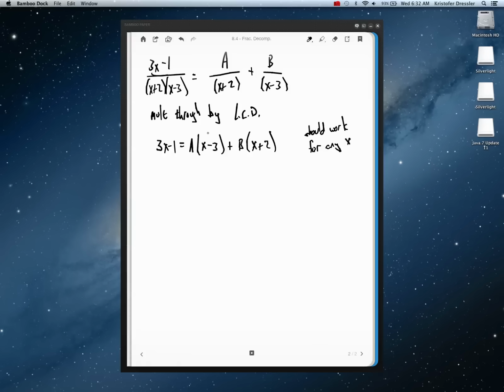Okay, so I'm going to distribute this a little bit, so I'm going to rewrite this as 3x minus 1 equals ax minus 3a plus bx plus 2b. And I'm going to rearrange it again. So this, actually, I'm going to go full screen here.